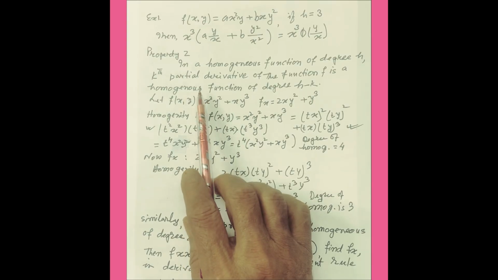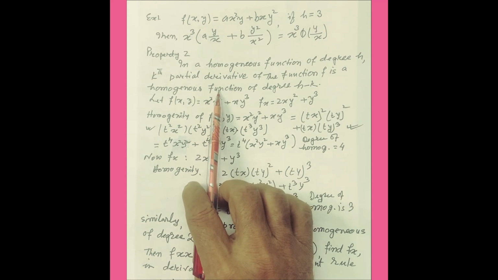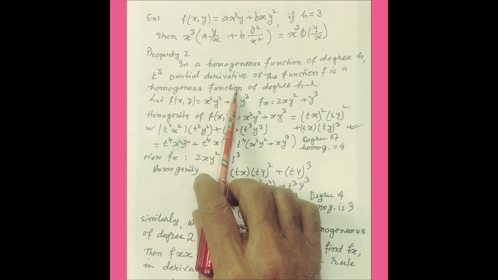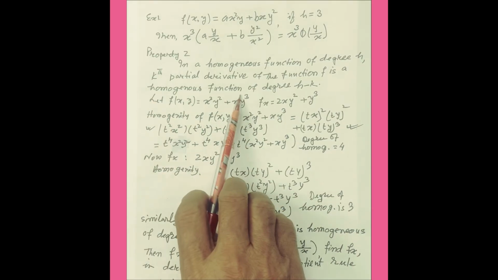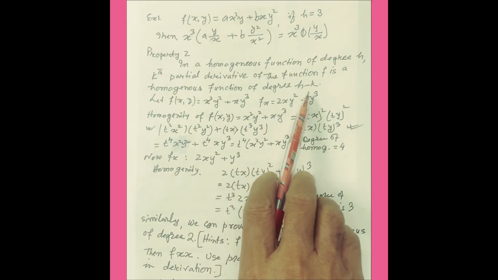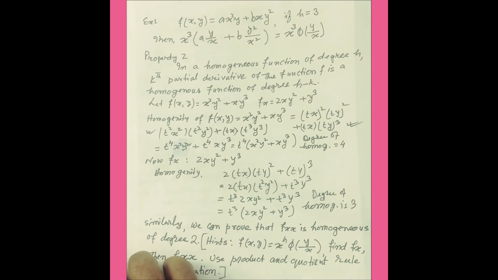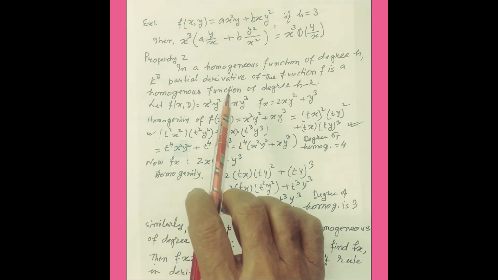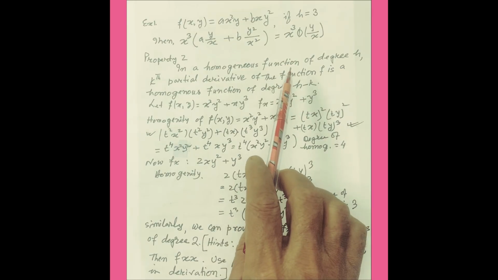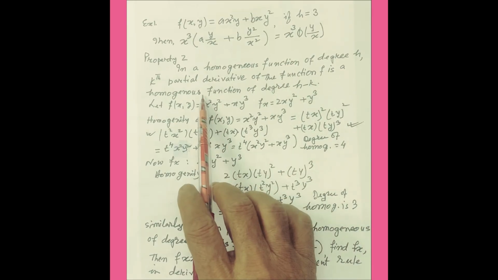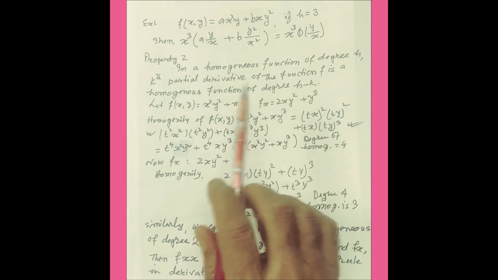So in the total derivative and partial derivative, it is said that in partial derivative the degree will be less by 1, h minus k. So if the function was, suppose, degree 4 or 3, then the next derivative will be 3 minus 1 or 4 minus 1, like that.